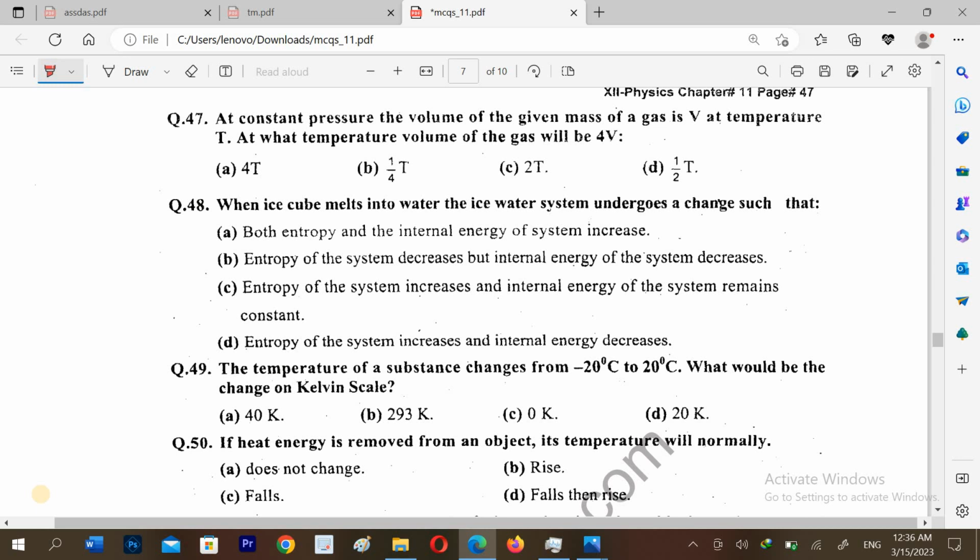At constant pressure, the volume of the given mass of a gas is V at temperature T. At what temperature volume of the gas will be 4V? A. When ice cube melts into water, the ice water system undergoes a change such that... A. Entropy of the system increases and internal energy decreases.